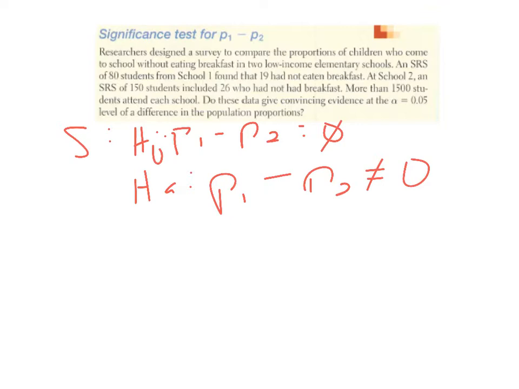And we defined our parameters, where P1 is the true proportion of students at school 1 who did not eat breakfast, and P2 is the true proportion of students at school 2 who did not eat breakfast.